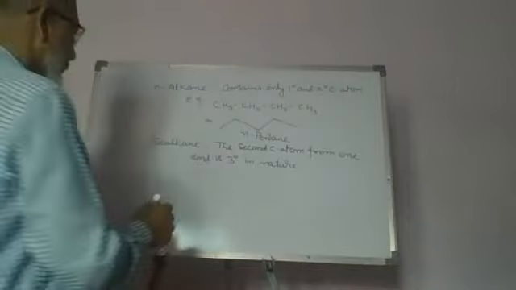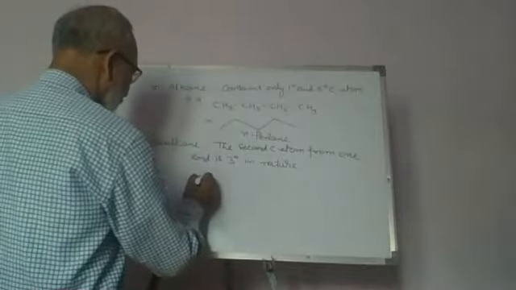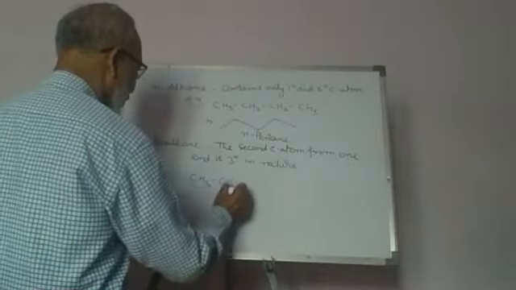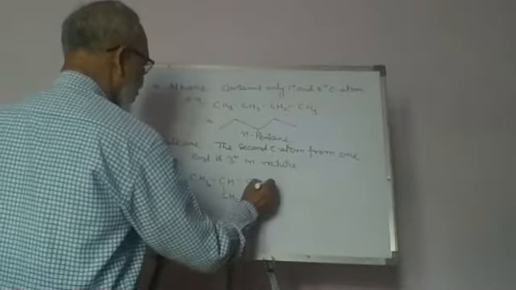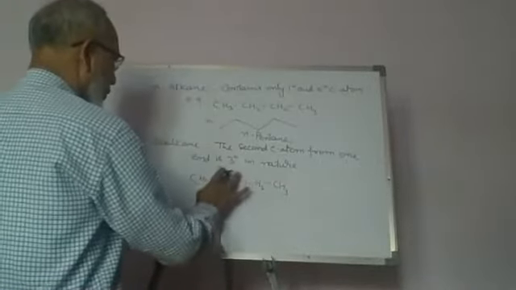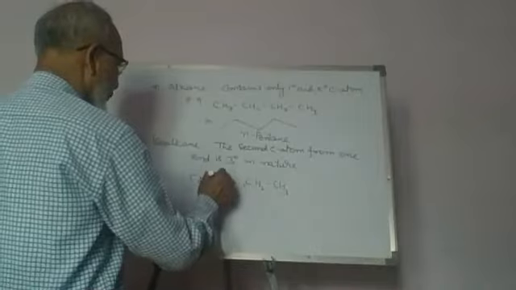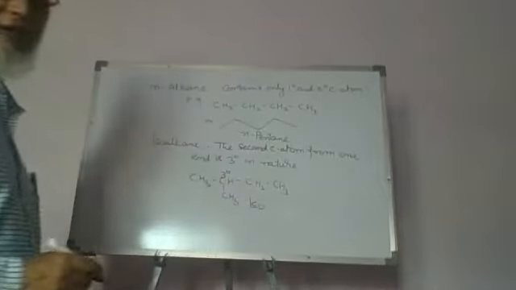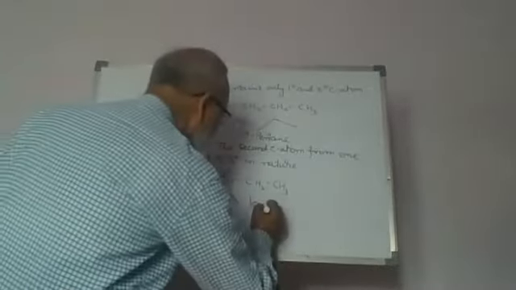As for example, CH3, CH, CH3, CH2, CH3. From this end, this is your second carbon atom, which is tertiary in nature. That's why we shall use the term iso. And because of the presence of 5 carbon atoms, it will be called isopentane.